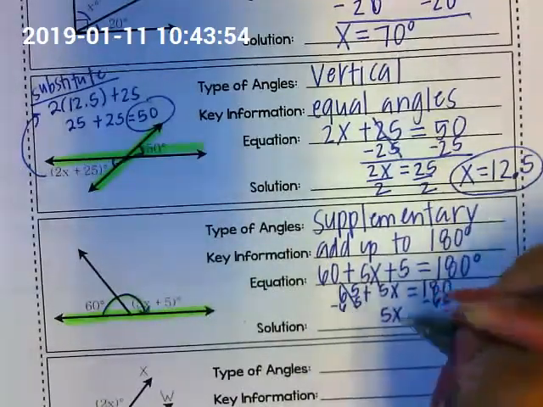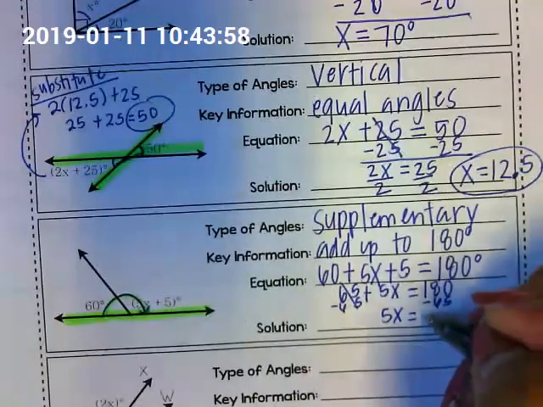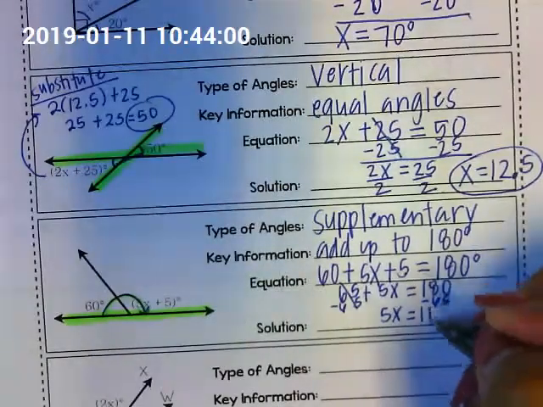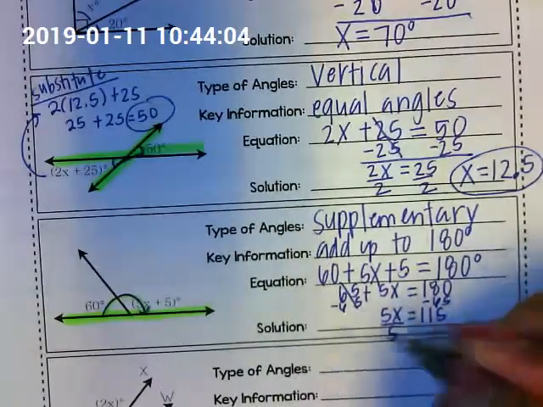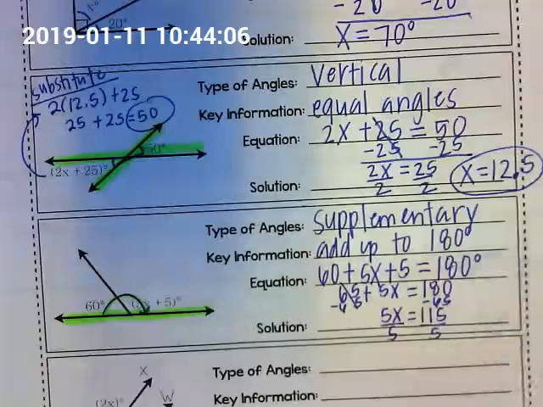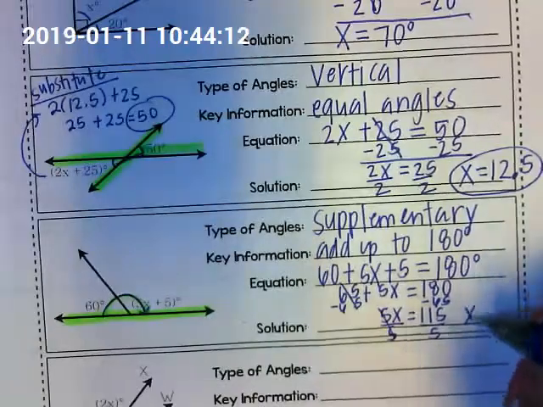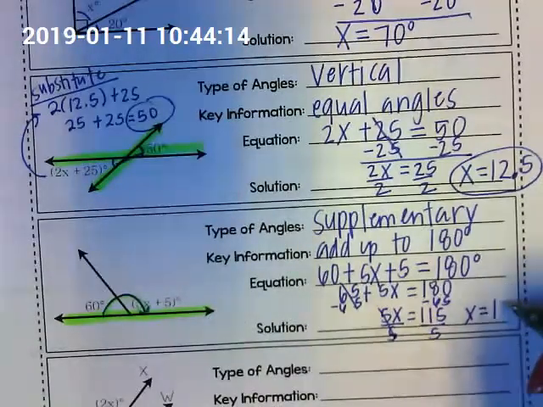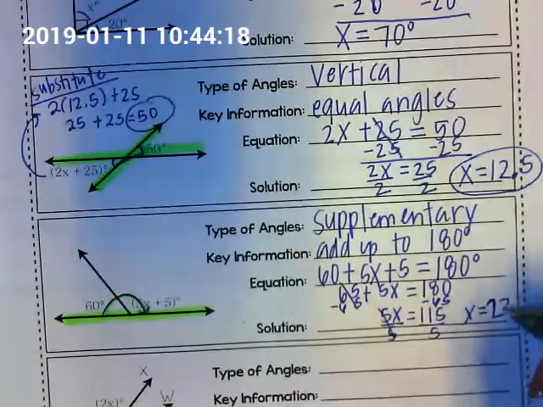Now I'm left with 5x is equal to 115. And now we're going to divide by 5. And x is equal to, what'd you say? 23.